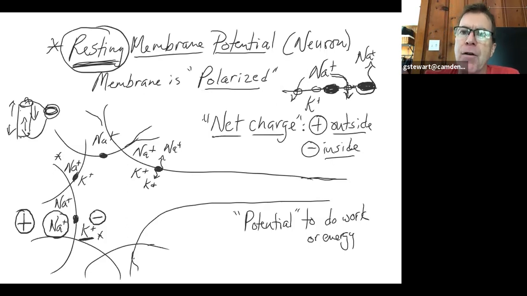It doesn't matter to me what the value of negativity this negative is right here. Your book will try to say it's negative 70 millivolts and all this stuff. That's not critically important. What is important is the setup that I've highlighted here of what actually creates this resting membrane potential, okay?